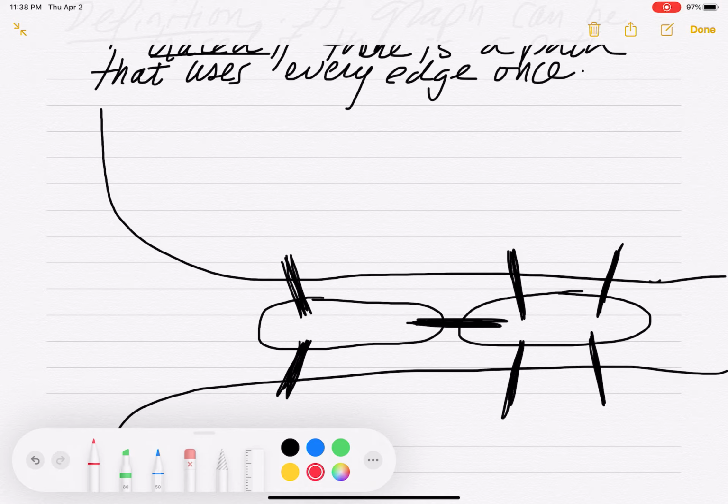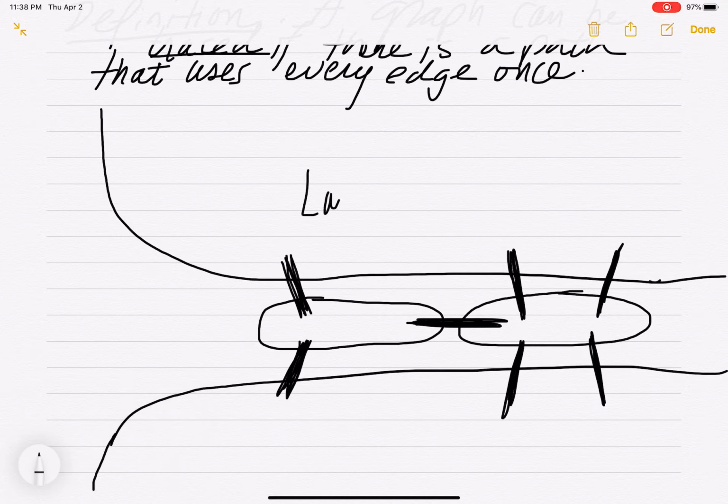So what he did, he called over here land A to the north, and island B was the western island. Island C was the eastern island, and island D was the southern island.